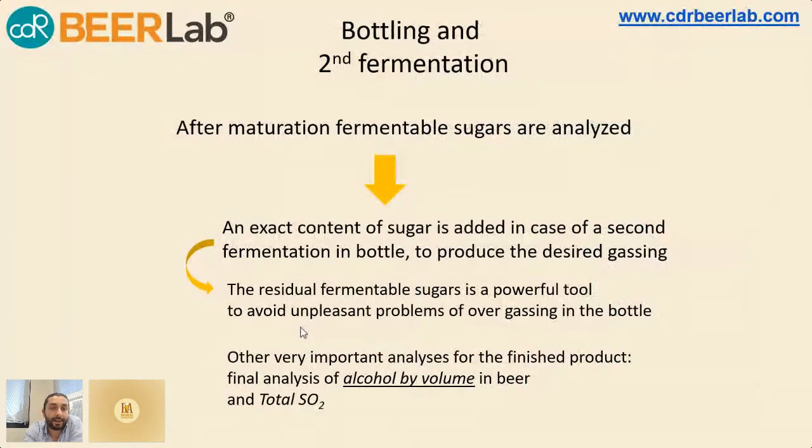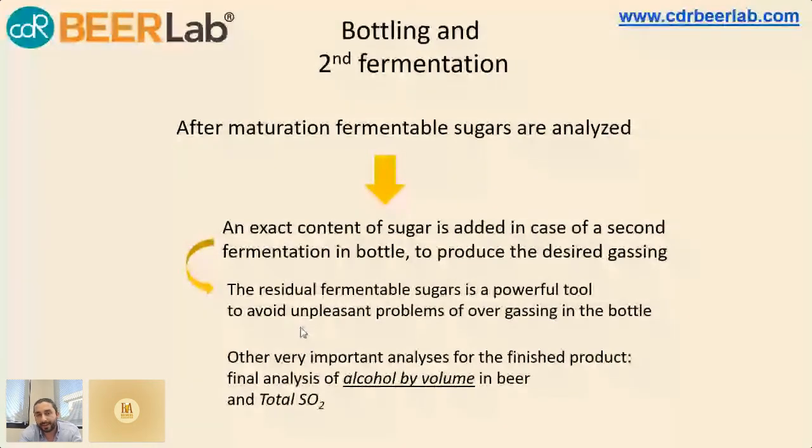Okay, the bottling and the second fermentation. If you perform a second fermentation, you need to check the sugars that you have to add in the bottle. And again, here the residual fermentable sugar analysis is a powerful tool to avoid unpleasant problems of overgassing of the beer.